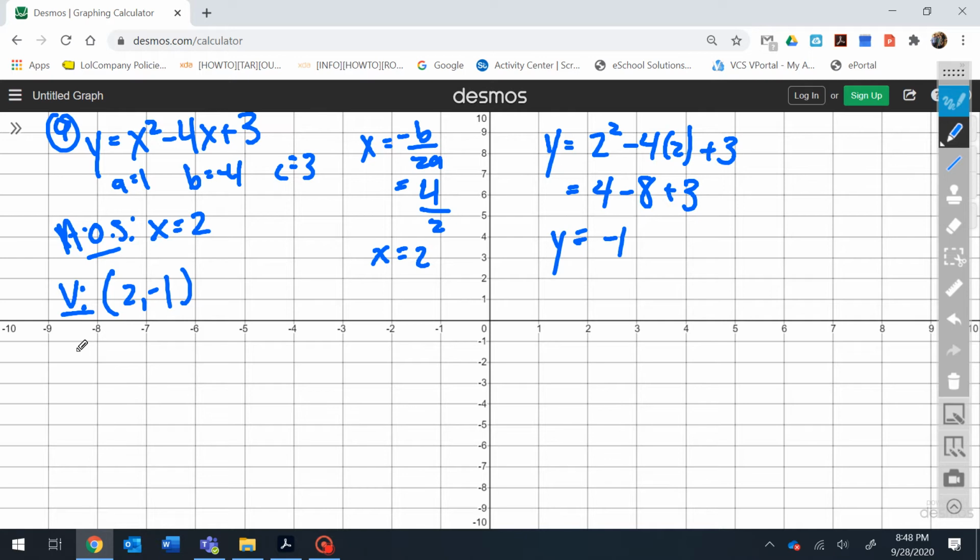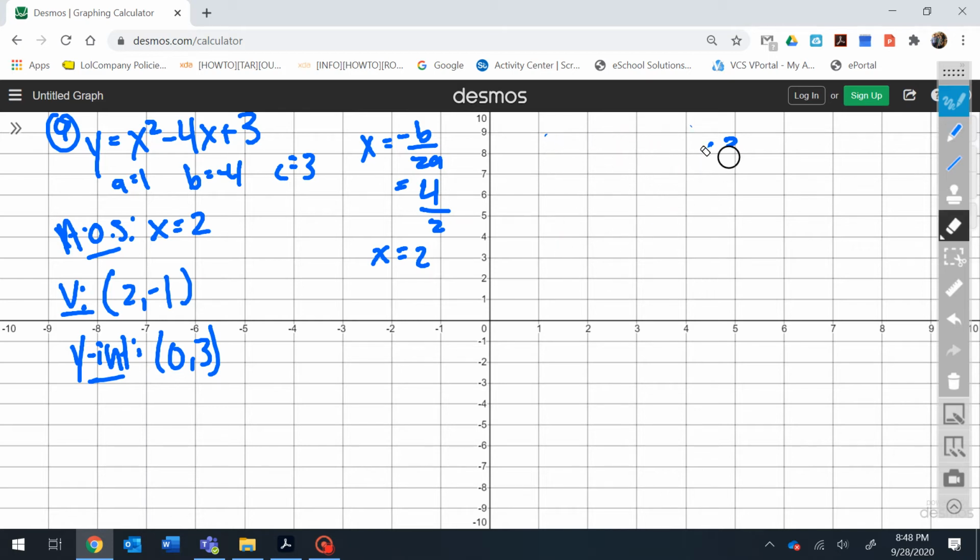And of course, the y-intercept is the c value, 0 comma 3. I can use all of this to graph this and see where it crosses the x-axis.